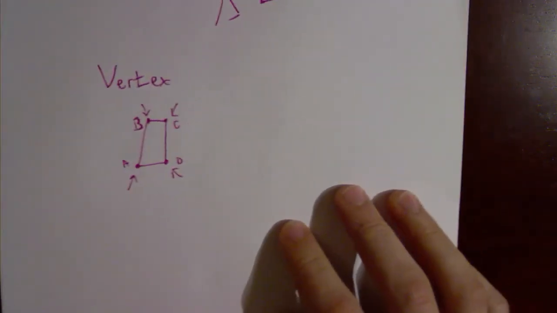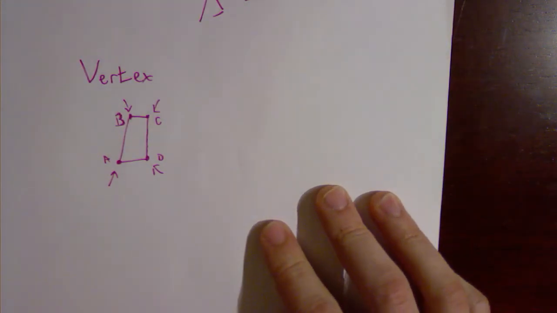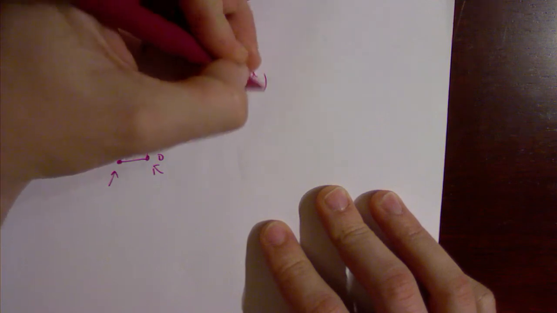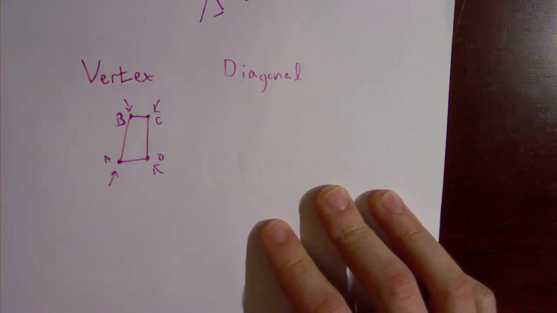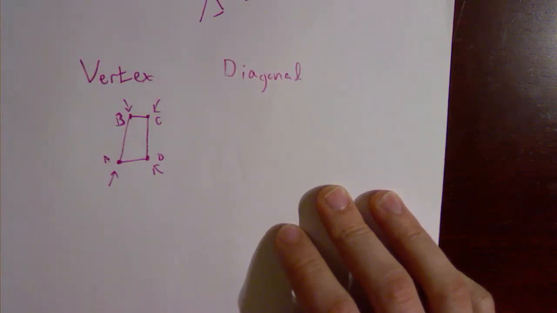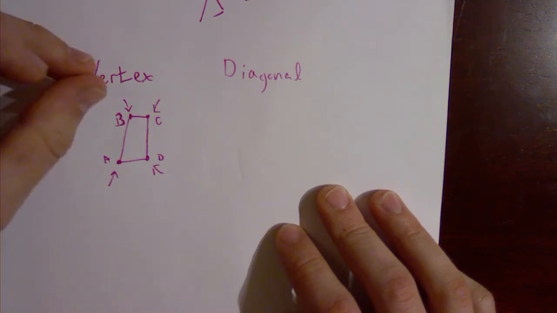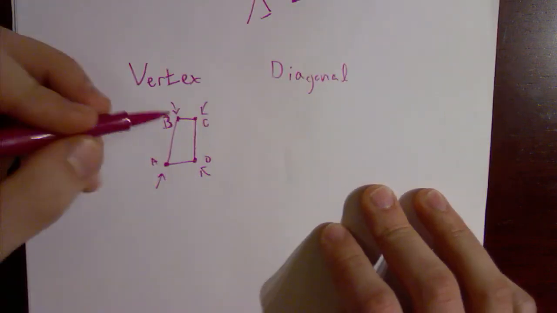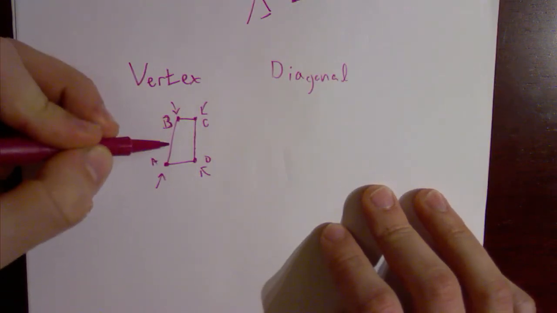Next thing that we need to talk about when we're talking about polygons is the idea of a diagonal. A diagonal is a segment from vertex to vertex, but these vertexes cannot be adjacent. They cannot be next to each other. So, an example here is that A and B are next to each other.